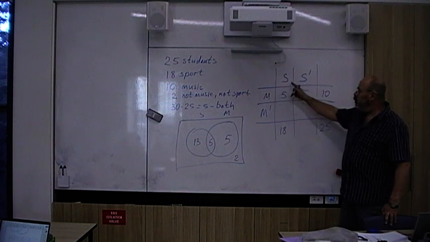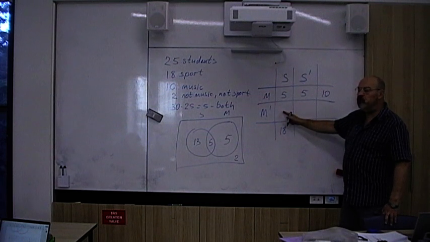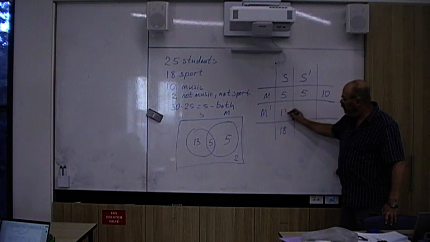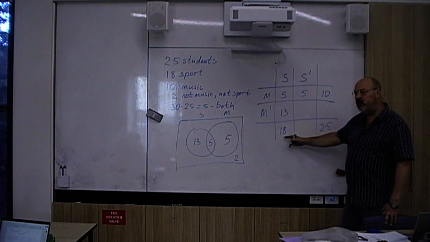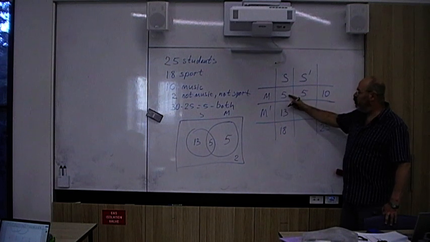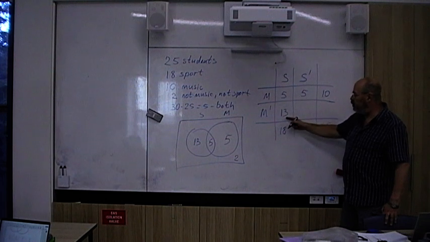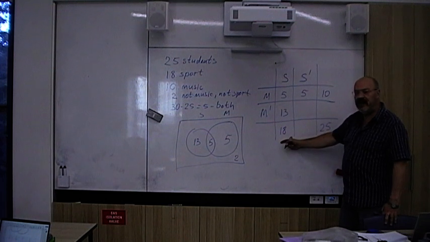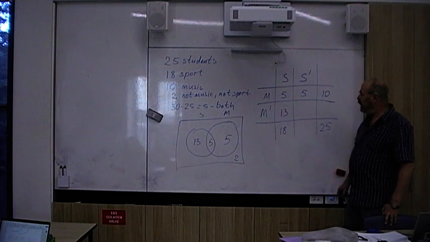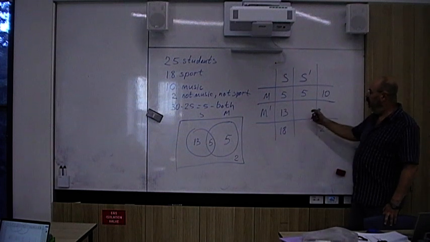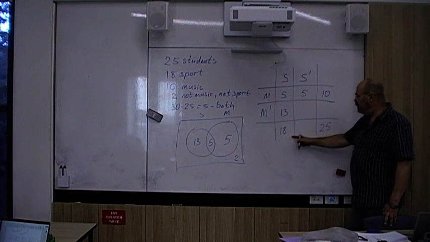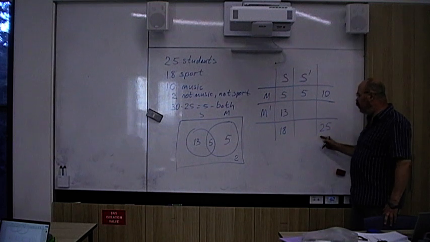Now, doing sport but not doing music, 13. And you see that adds up to 18. 5 doing sport and music, 13 doing sport only, altogether 18 doing sport. And the numbers here should add up to 25.